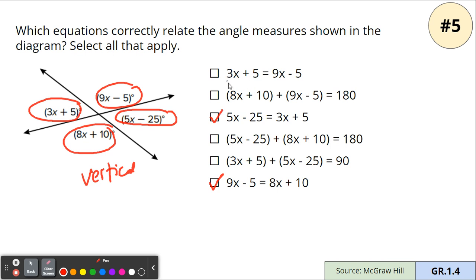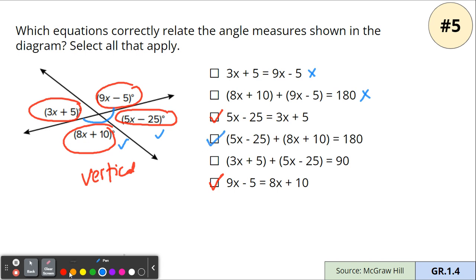So this one is also correct. Okay. So 3x plus 5 is not equal to 9x minus 5. So we cannot check this one. 8x plus 10 and 9x minus 5, they are equal because they are vertical. So their sum is not 180. 5x minus 5 and 8x plus 10, this one and this one, they form a straight angle. So they are supplementary. The sum is 180.